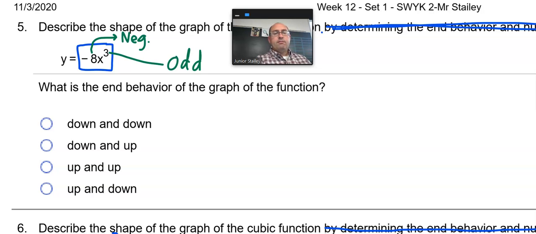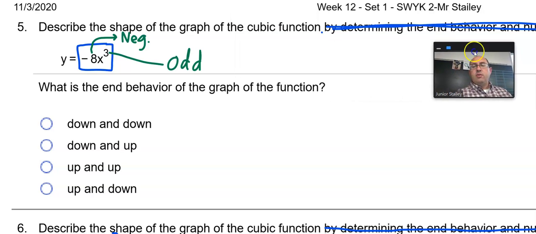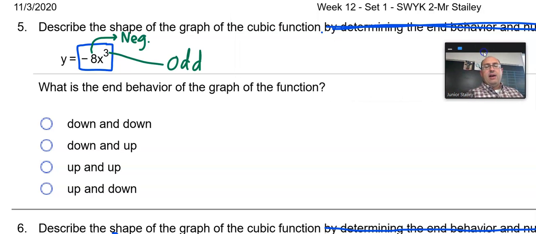Now, in this particular question, I got rid of the second part of the question, but I forgot to get rid of the directions on the second part. So, my fault.